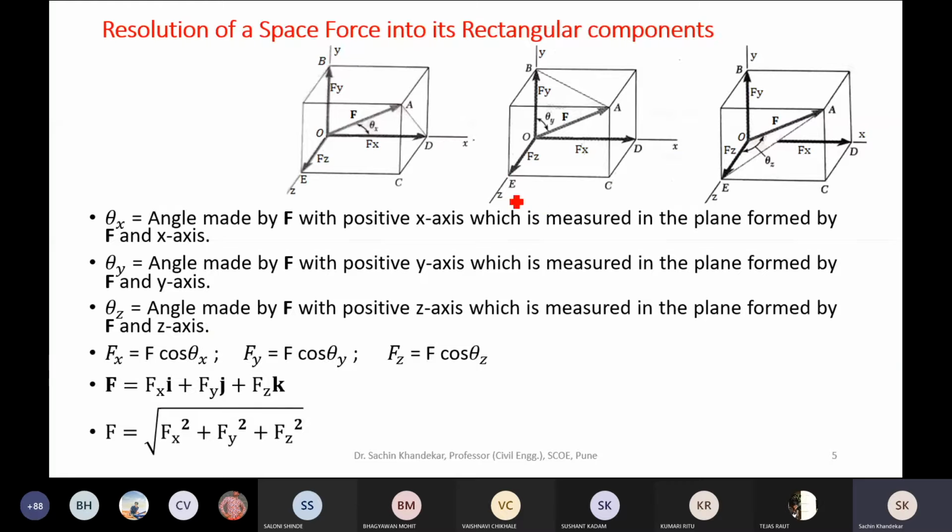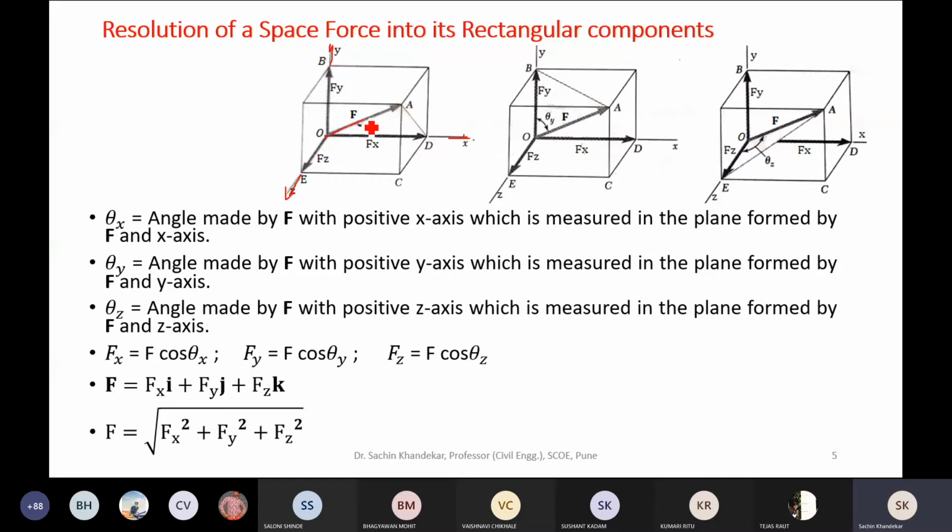So the same knowledge we are going to extend for the resolution of a space force into its rectangular components. Let us consider this particular figure. This is the origin, this is the positive x-axis, positive y-axis, and this is the positive z-axis.